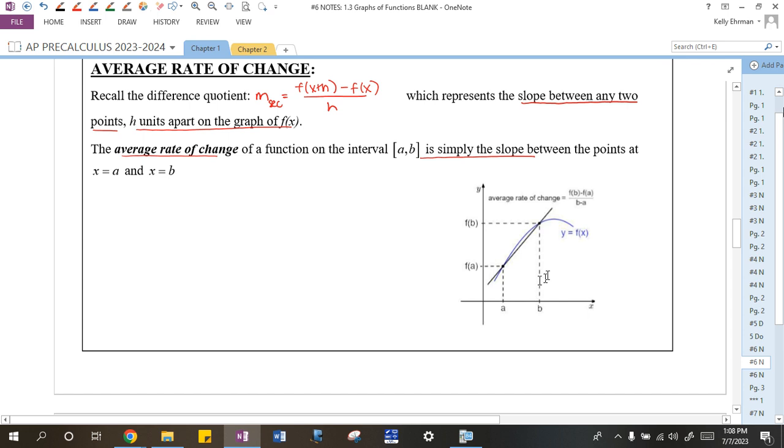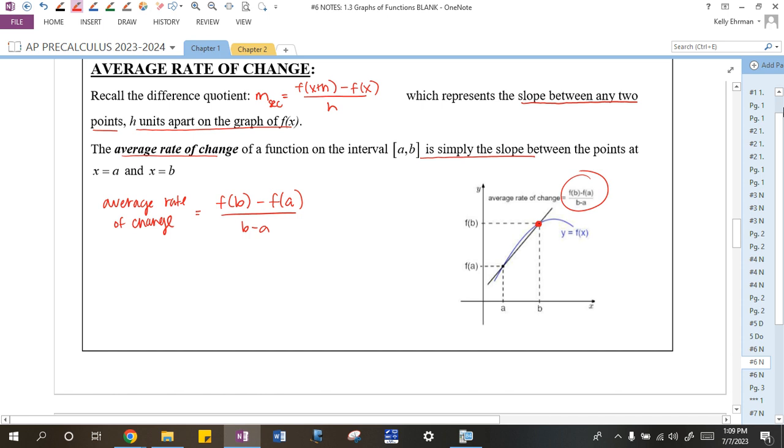Okay, so average rate of change for this function, it's written right here, but I want to write it out. It's f of b minus f of a over b minus a. You could subtract it in the other order, but in some cases you'll get a negative over a negative to get a positive.